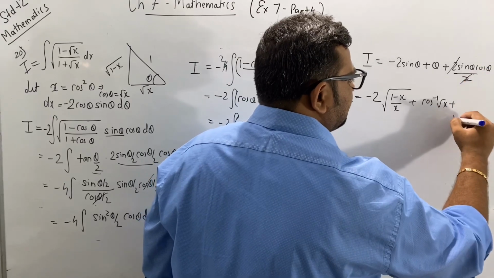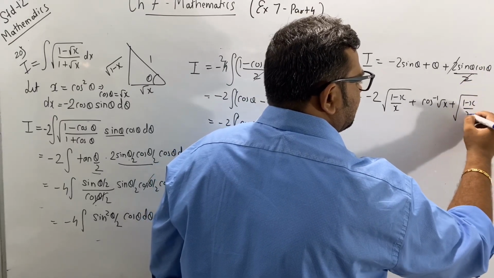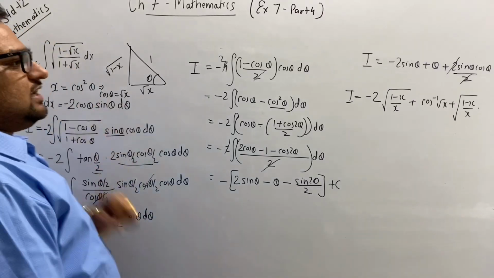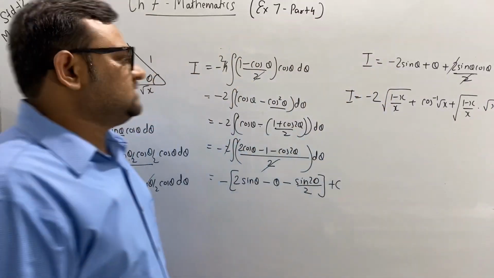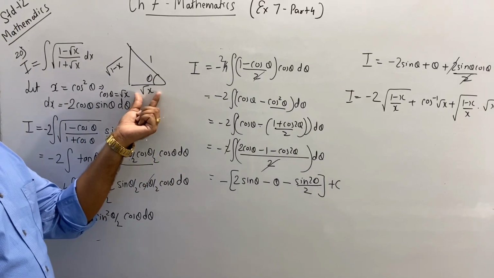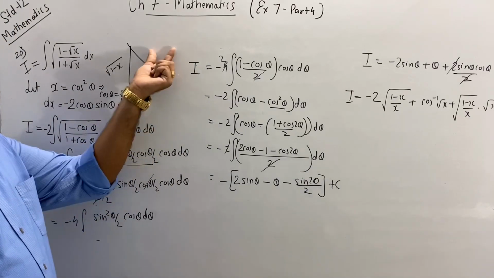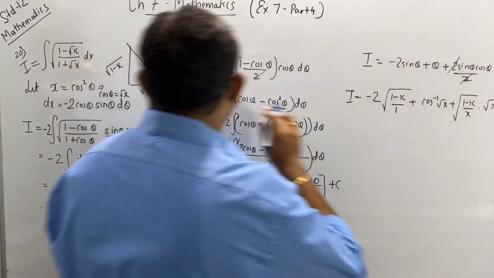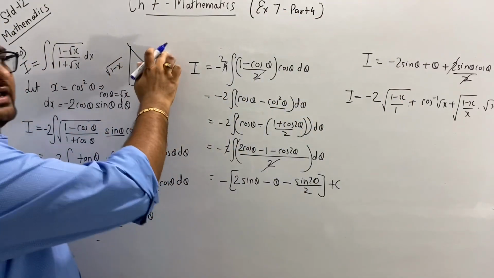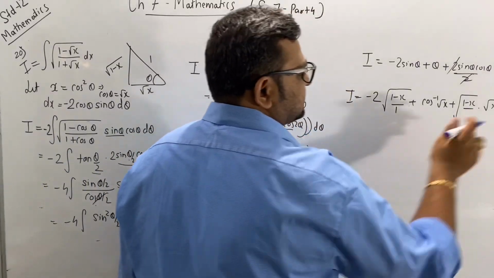Sin theta, cos theta, plus c. See, what is cos theta? Root x, root x by 1. Sorry, my mistake. Upon 1. Sin theta is root 1 minus x by 1. So this will be your answer.